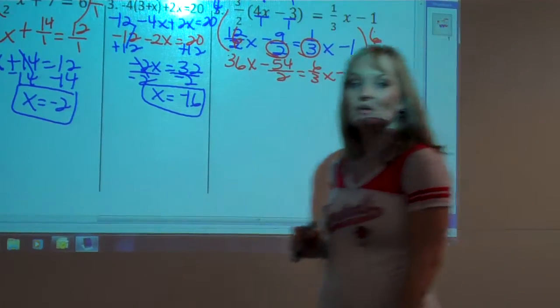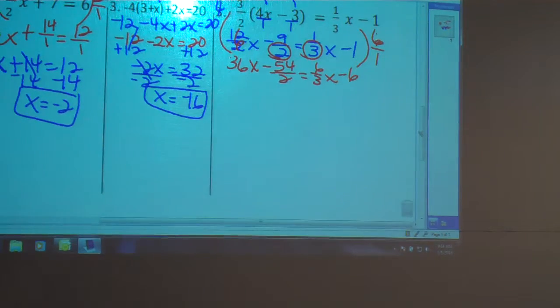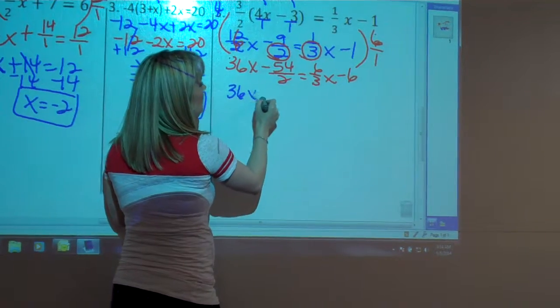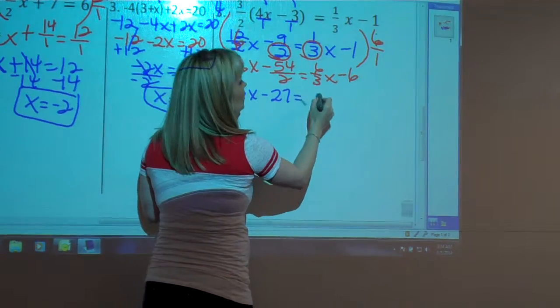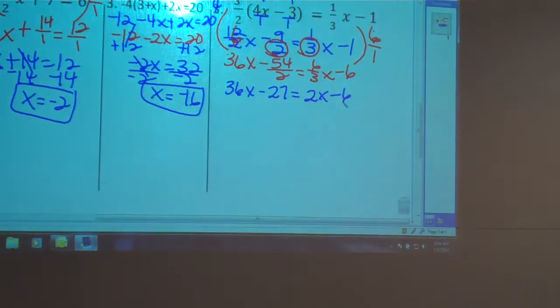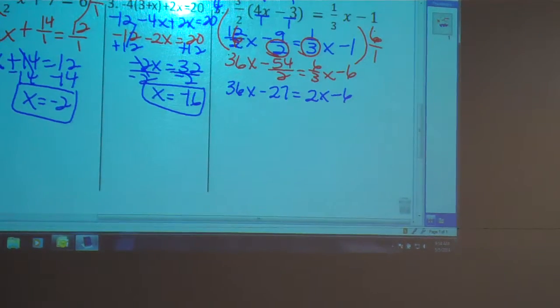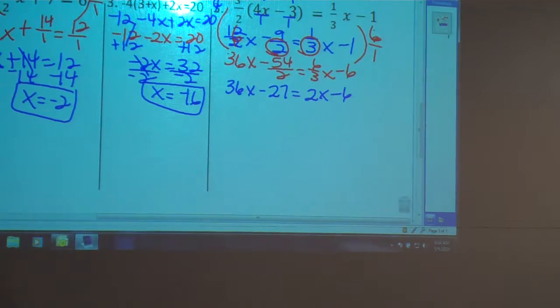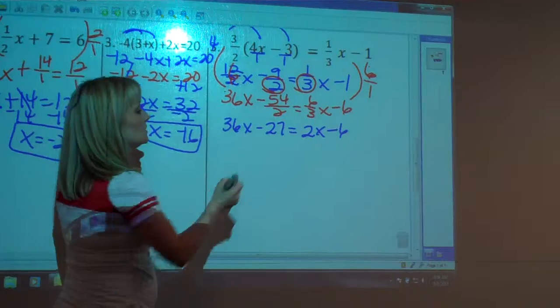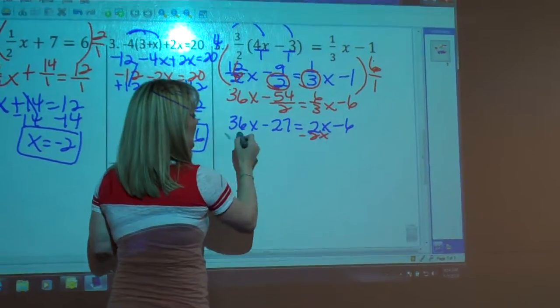Alright, so now do my fractions all simplify? What is 54 divided by 2? 27 equals 2x minus 6. Yes? So now what am I going to do? Subtract the 2x over.